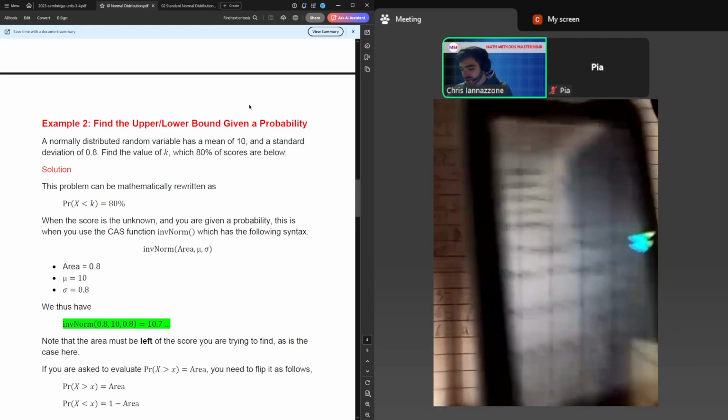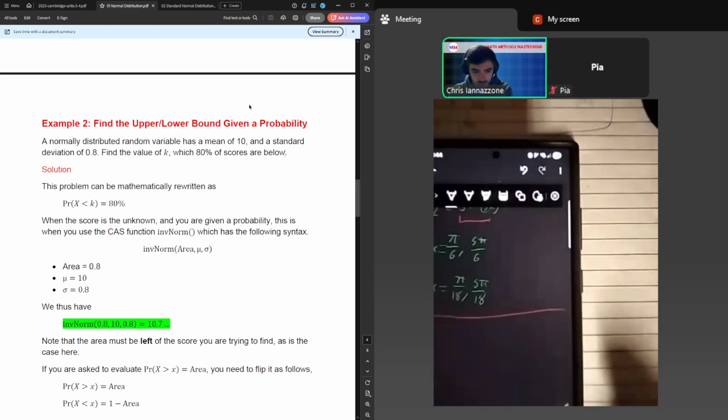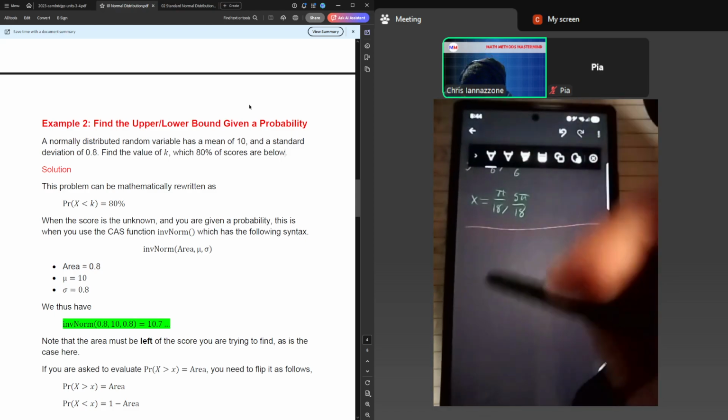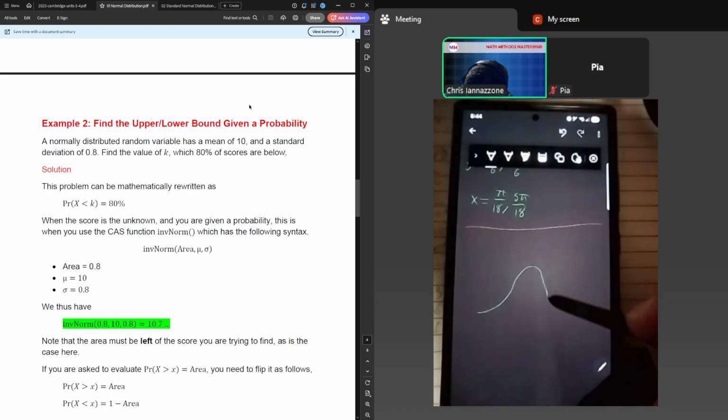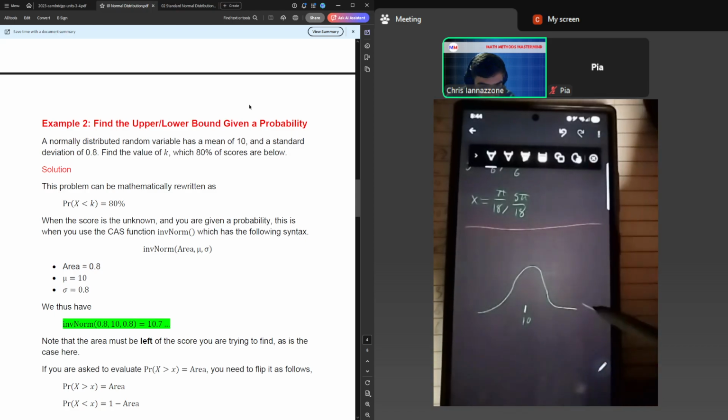So one of the things I like to do when I come across this kind of question is draw a quick picture of what might be going on. It's usually pretty quick and easy to draw a representative normal distribution. You just got to get good at drawing a little bell curve like that. The center of it is going to be the mean, which is 10. Everything else you kind of just leave.